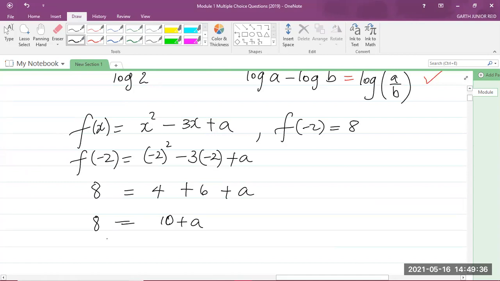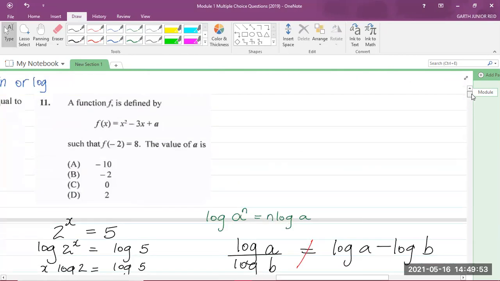It will become a negative 10. So what I have now is 8 minus 10 being equal to a, which implies that the value of a is 8 minus 10. That is a negative 2. So a is negative 2, which is B. B is the answer here.